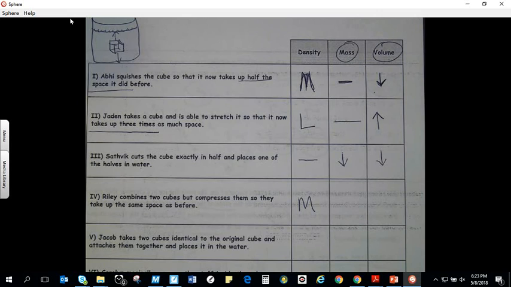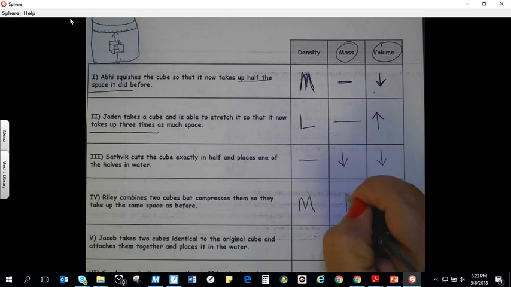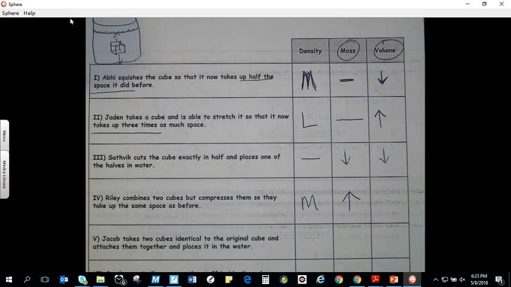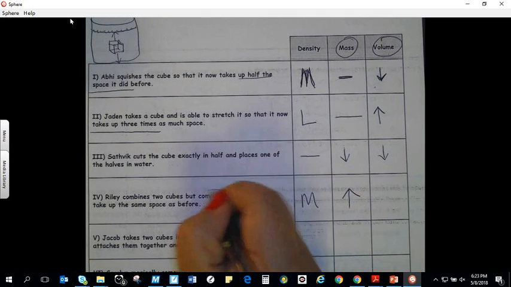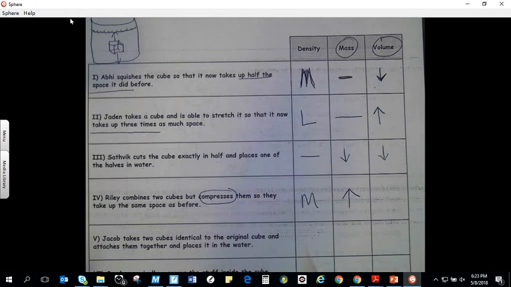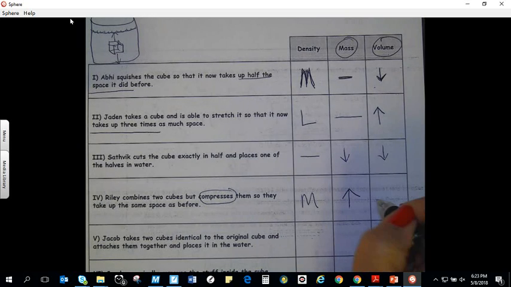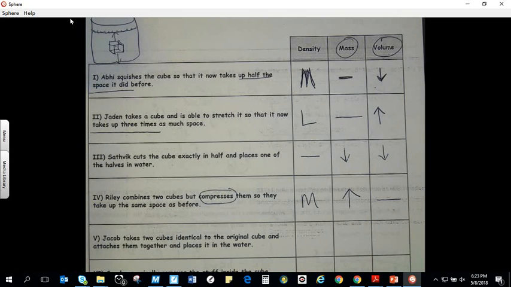With Riley, when he combined 2 cubes, it's double the mass. So the mass increases. But when he compresses them together, where it was before, it's going to hold the same amount of volume. So the volume doesn't change because he's compressed them, so it's only going to hold the same amount. But you've doubled the mass, and the density is more dense than it was before.